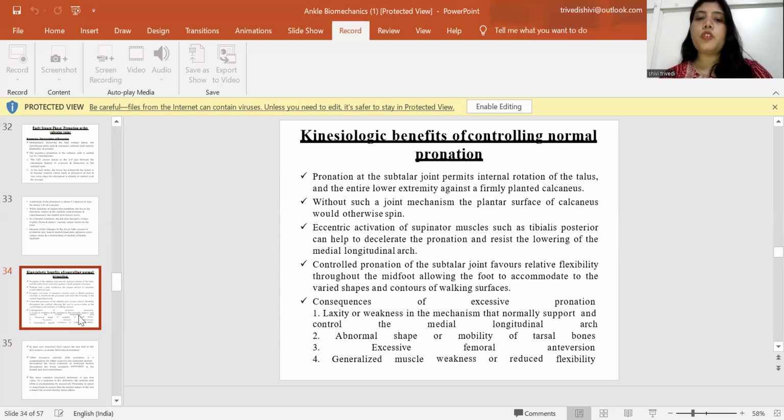Consequences of excessive pronation, that is first, laxity or weakness in the mechanism that normally supports and controls the medial longitudinal arch. Second, abnormal shape or mobility of tarsal bones. Third, excessive femoral anteversion. Fourth, generalized muscle weakness or reduced flexibility.